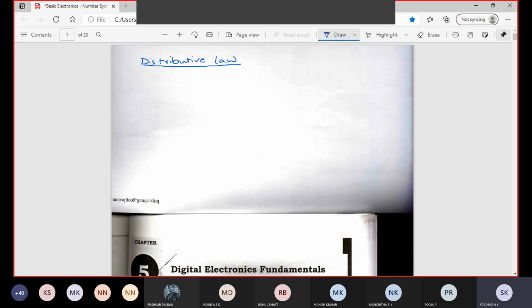So in distributive law, I think it is law number 18. A into B plus C, can I write this as AB plus AC?